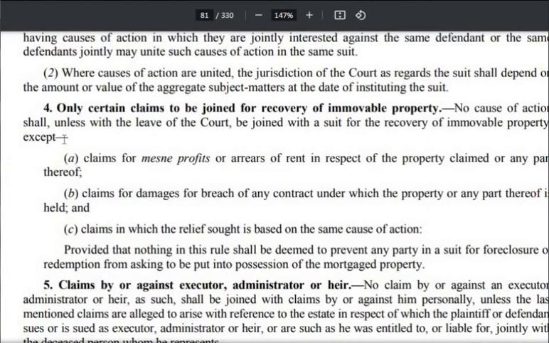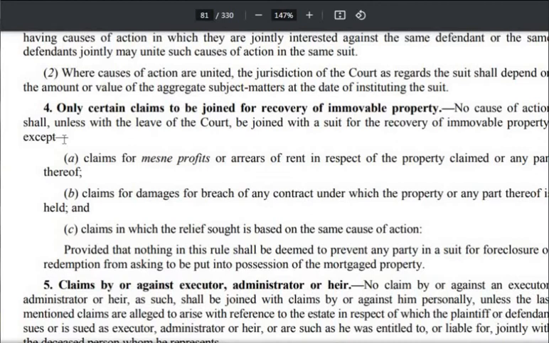अब देखो रूल 3 ने तो कह दिया कि you can join any cause of action, लेकिन limitation लगा रहा है Order 2 Rule 4 और कह रहा है कि अगर recovery of immovable property का suit है तो आप किसी और cause of action को join तब तक नहीं करोगे जब तक आप court से permission ना ले लो। लेकिन exception create कर रहे हैं कि following cause of action can be joined without the permission of the court. ठीक, so Order 2 Rule 4 has to be read in the light of Order 2 Rule 3.